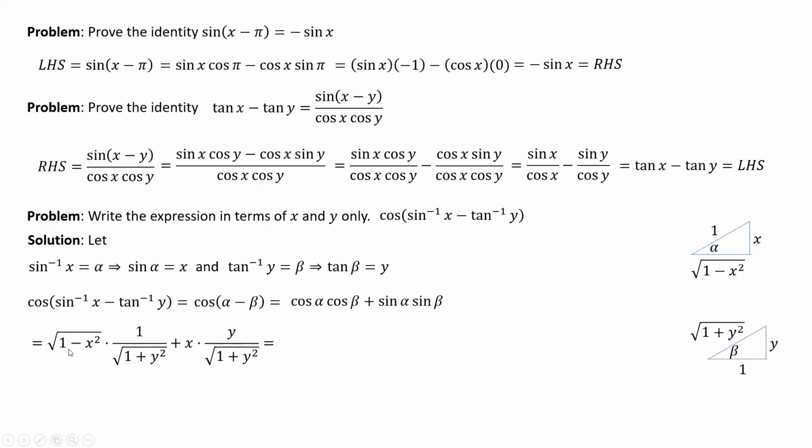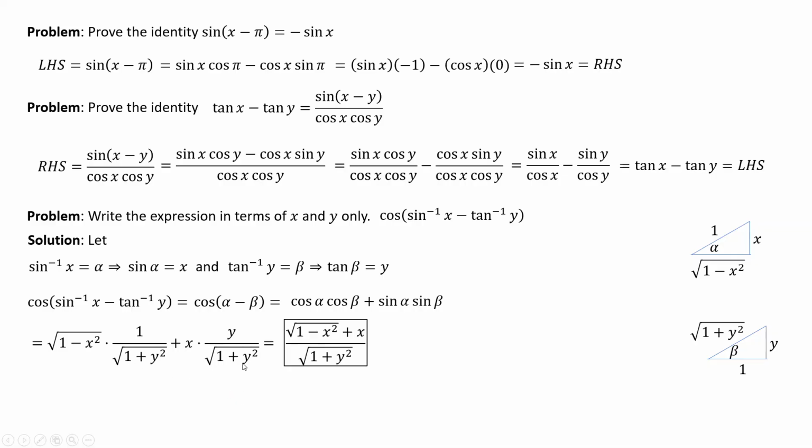Right? Cosine alpha is square root of 1 minus x squared over 1, which I wrote as just simply square root of 1 minus x squared, and cosine beta is 1 over square root of 1 plus y squared, sine alpha is x over 1, sine beta is y over square root of 1 plus y squared, right? We'll write that slightly more elegantly.